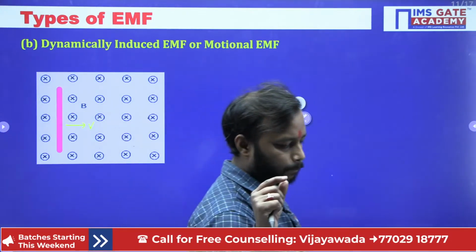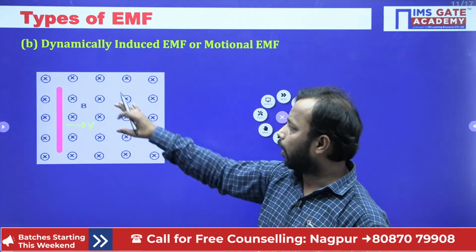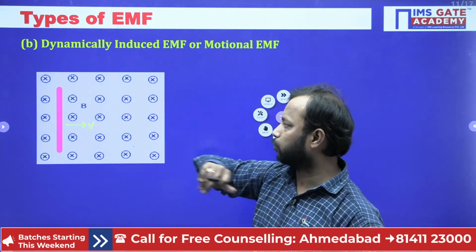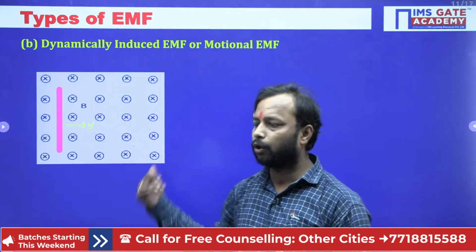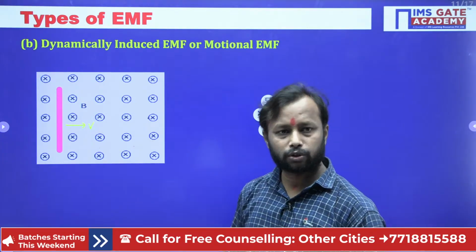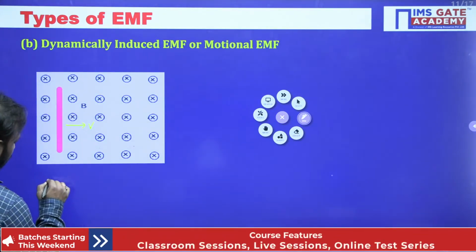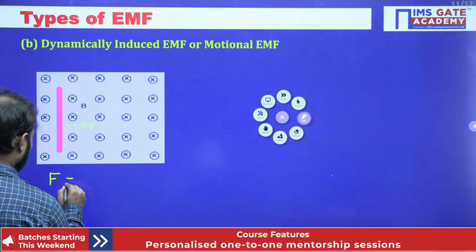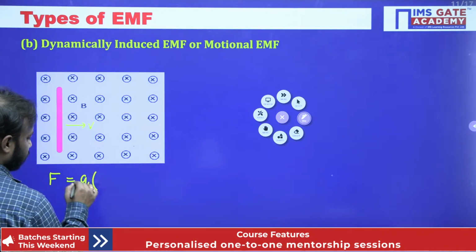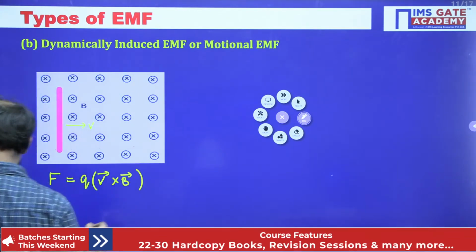Let me make it more clear. We have a conductor, and this conductor is under the effect of magnetic field. So here magnetic field is inside the board, and this conductor is moving. So definitely it will experience a force, and that will be given by F equal to Q, which is the charge, V velocity of the conductor, cross magnetic field.